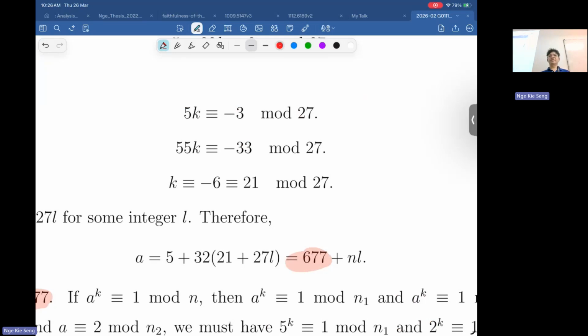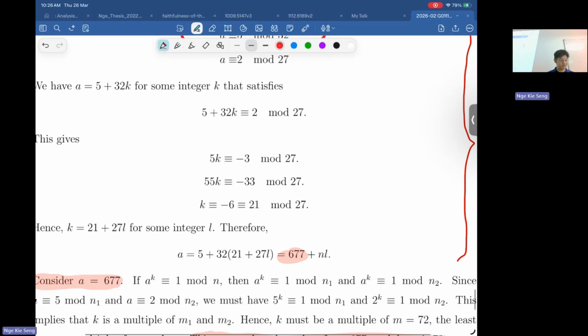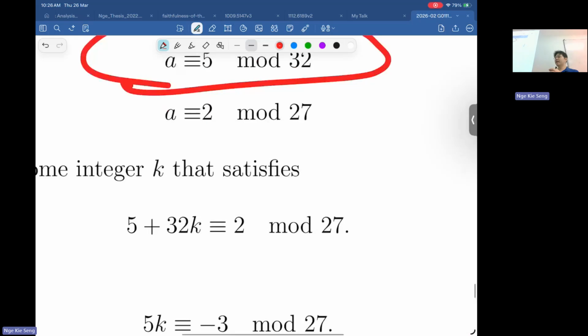Then I think some of you followed my suggestion and used 5, because 5 is also a primitive root mod 37. In that case, you just need to verify 5 up to 72. Some of you used 3. That 3 will give you like 500 something. It's also good. I think there are at least 4 answers you gave me.